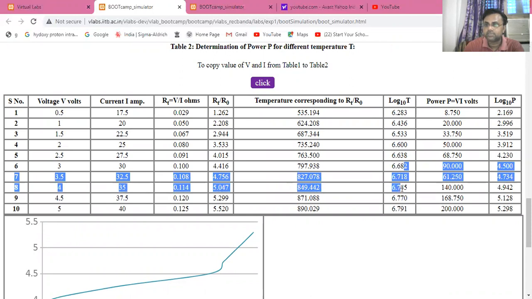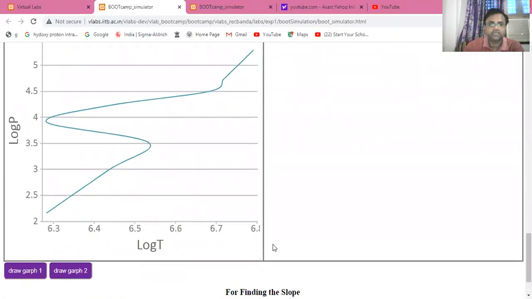It is not decreasing in our readings, but in the graph it is decreasing. This means this graph is plotted wrong by the software, but our reading is correct.